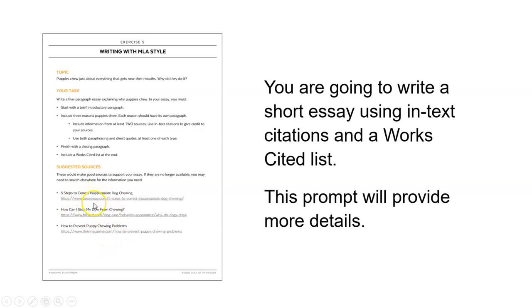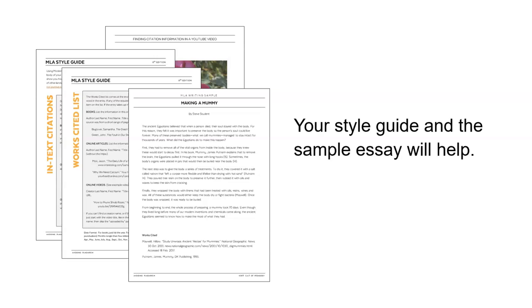As long as you cite it both in the text and on your works cited, that's all that matters. You just need to show me that you can cite your sources in those 2 places. You should use your style guide and keep in mind the sample essay, which will show you how this should look.